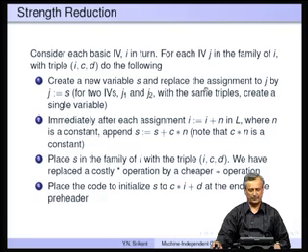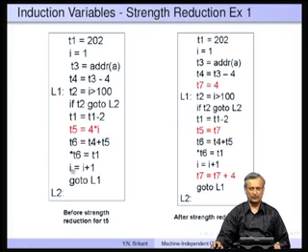If it is 4 star j, we want to actually replace it by some addition operation. So, to do that we create a new variable s. So, let me give you an example of that and then go back to the algorithm itself.